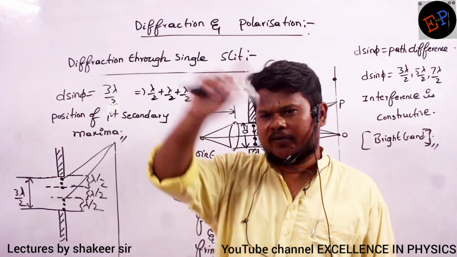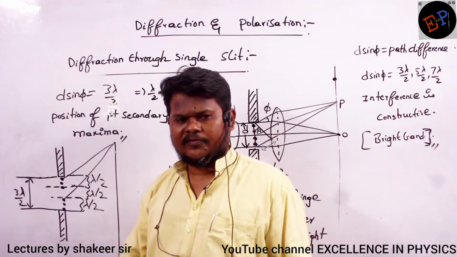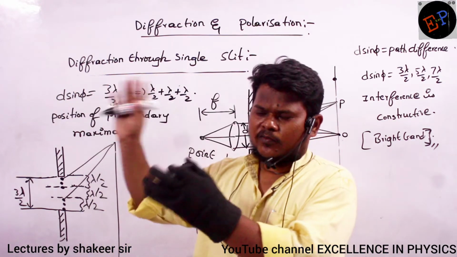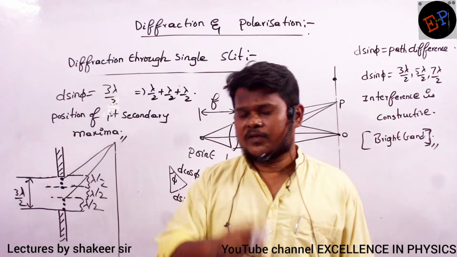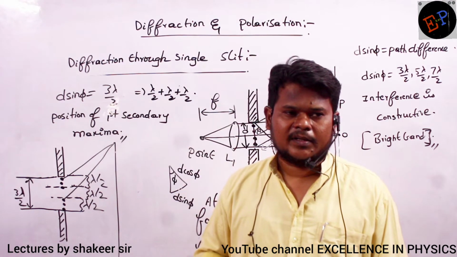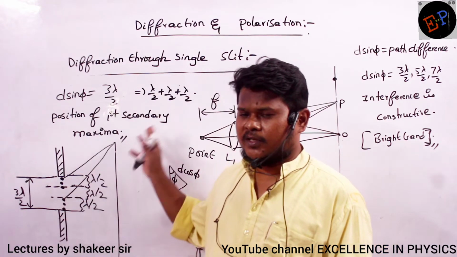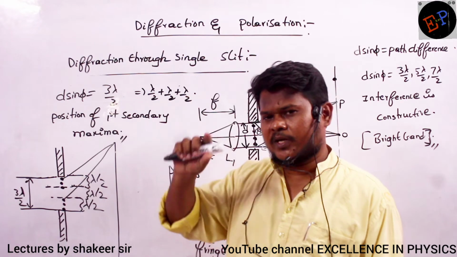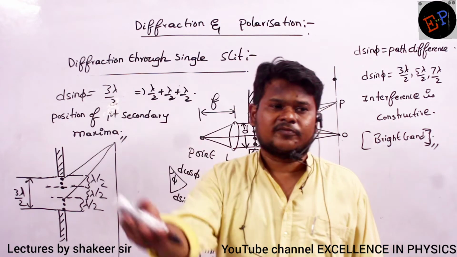Two regions are interfering constructively, one region is interfering destructively. So finally there will be a white band only, but the brightness will be reduced. What is the reason? Because one region is interfering destructively, no? So brightness will reduce. That is the reason why brightness continuously reduces in diffraction.